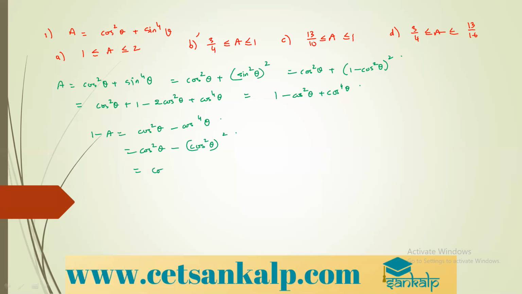So you can take common cos square theta. Left is 1 minus cos square theta, that is cos square theta into sin square theta. So this I can write as sin theta into cos theta whole square. Now I can divide by 2 and multiply by 2. So I have 2 sin theta cos theta, which is sin 2 theta, by 4.